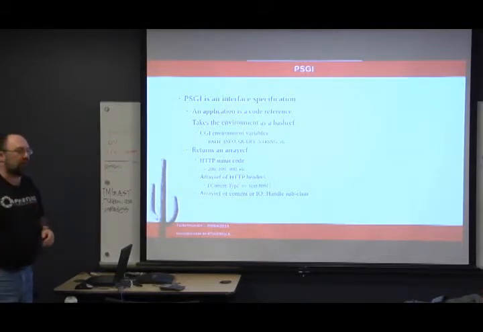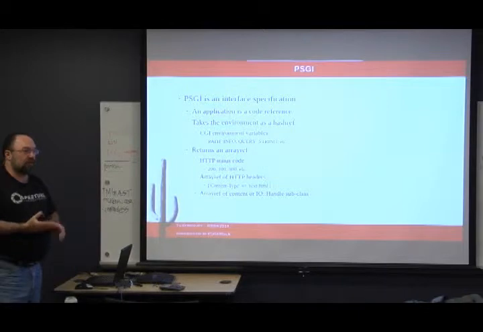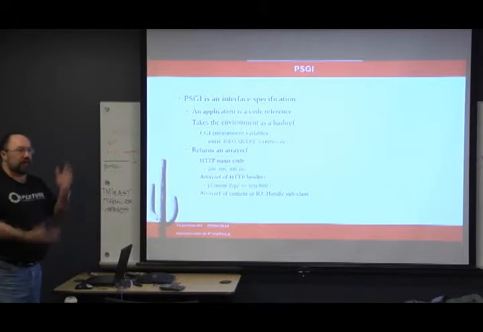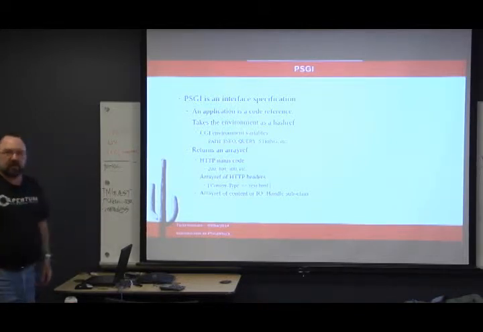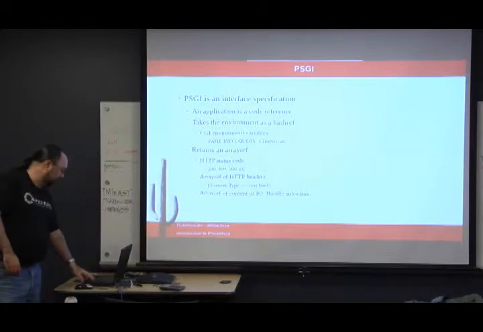I'm not going to go into them all, but the reason you would use the IO handle subclasses is that it allows you to do chunking or streaming, where you send a little bit, wait, send a little bit more, wait, send a little bit more. Whereas with the array ref, you would have that all at one time and just boom, send it back. Any questions so far? This will make a lot more sense as soon as you see some concrete code.